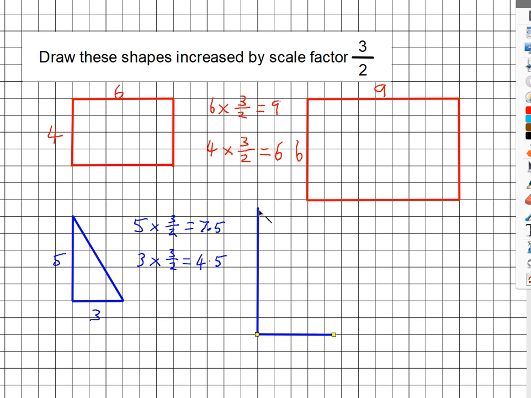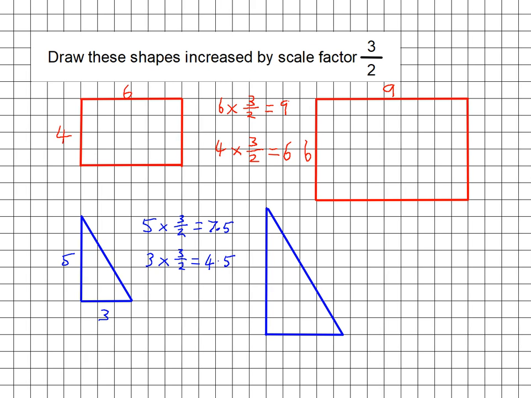And then we can join these two up. Because it's a right angle triangle, I can just draw in the hypotenuse without having to measure it. That gives us a height of 7.5 and a base of 4.5.